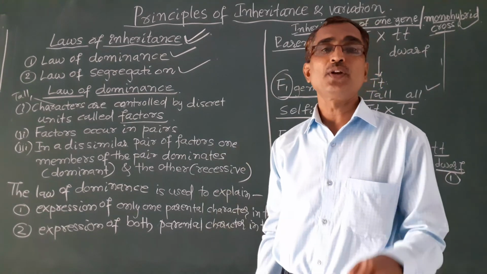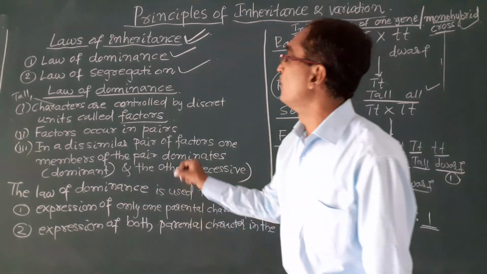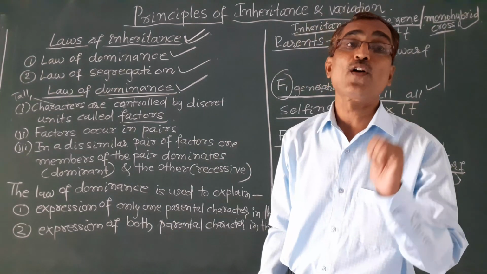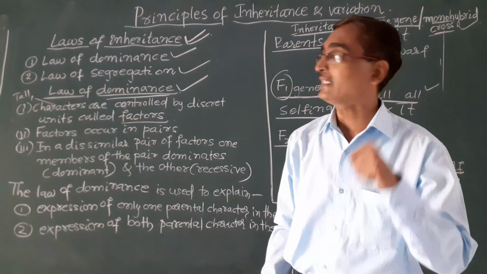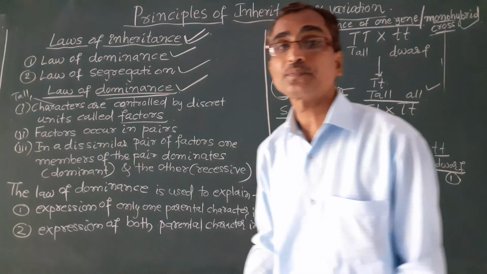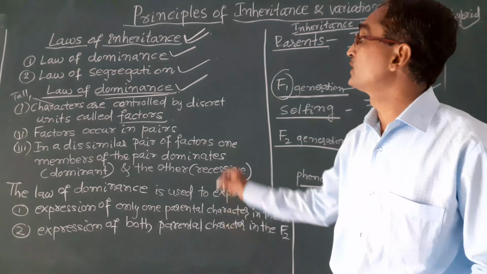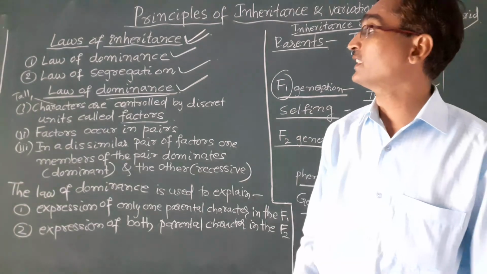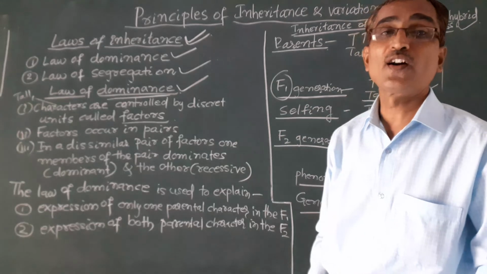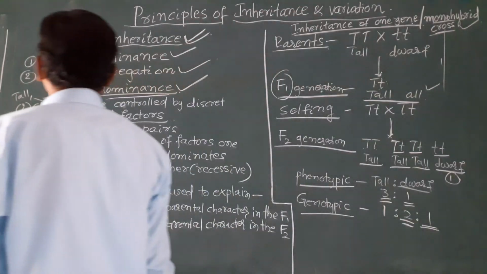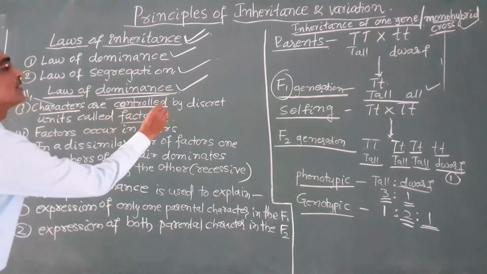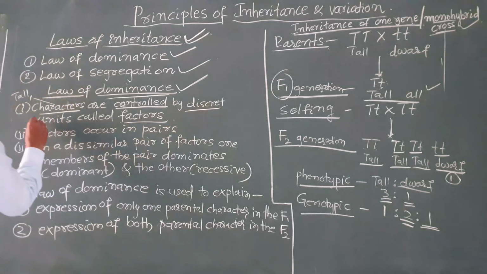Today we will discuss the law of dominance. What is this law of dominance? What does it say? Here he proposed certain points in this law, and these points are like this. The characters are controlled by discrete units.